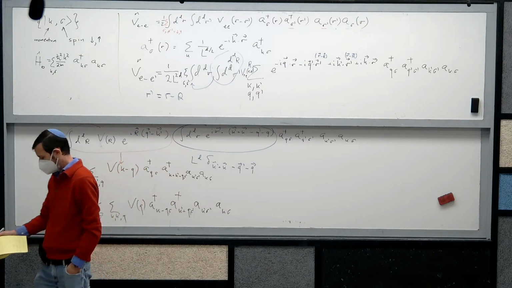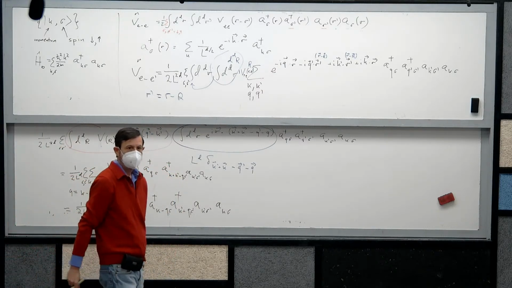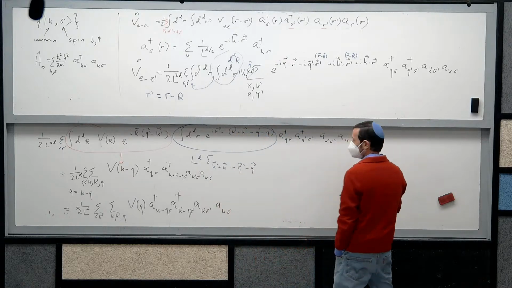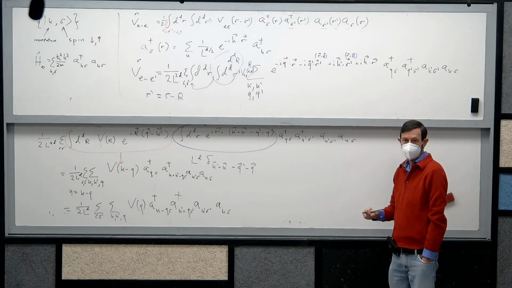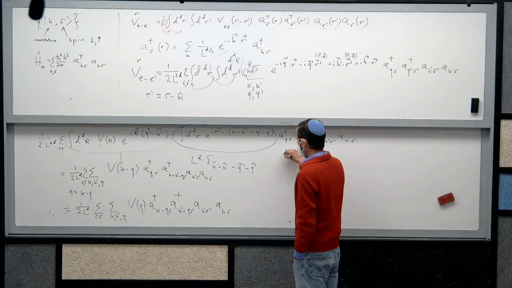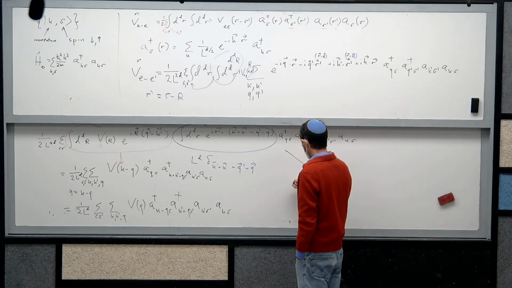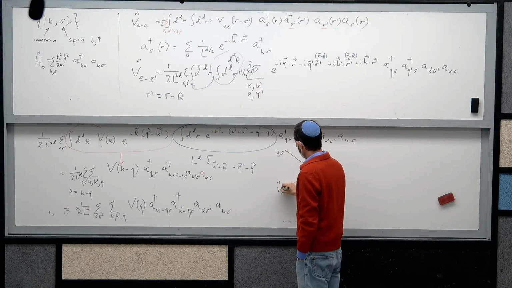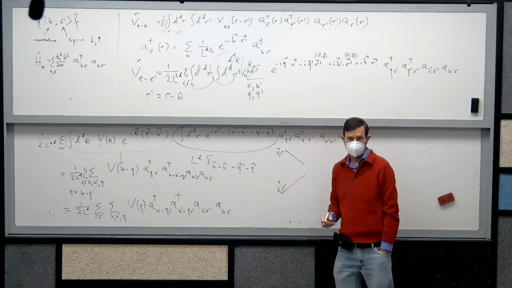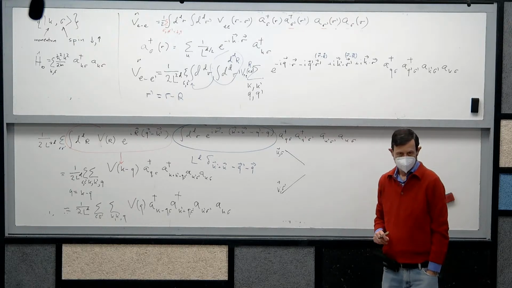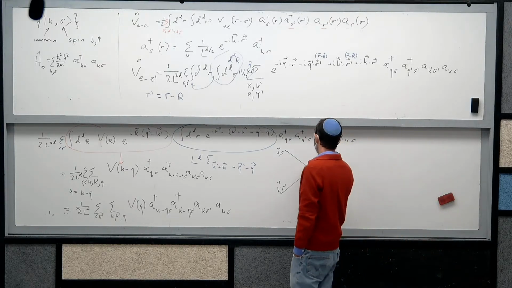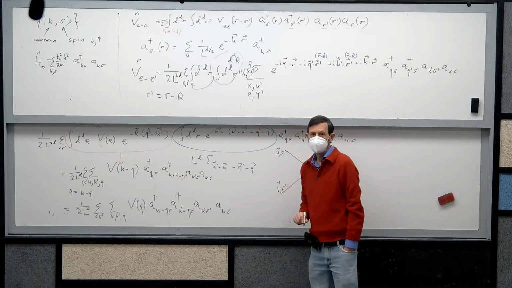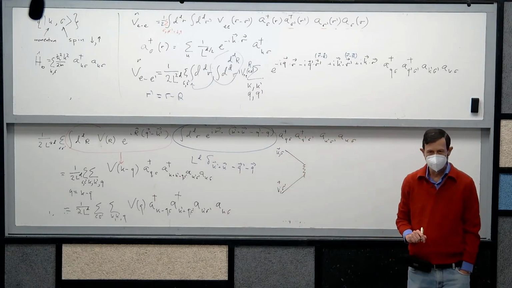And what you're seeing here is the most famous Feynman diagram of interaction. I have two particles. They interact between themselves.